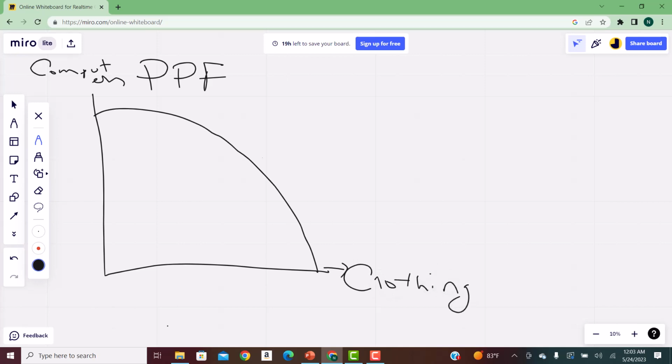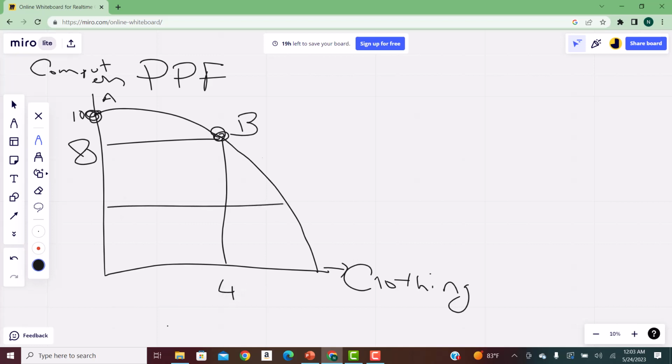Okay, then in this PPF, we're going to look at different points. So let's say point A has 10, then we have point B, which is 8 and 4. Then we have point C, which is 5 and 8.